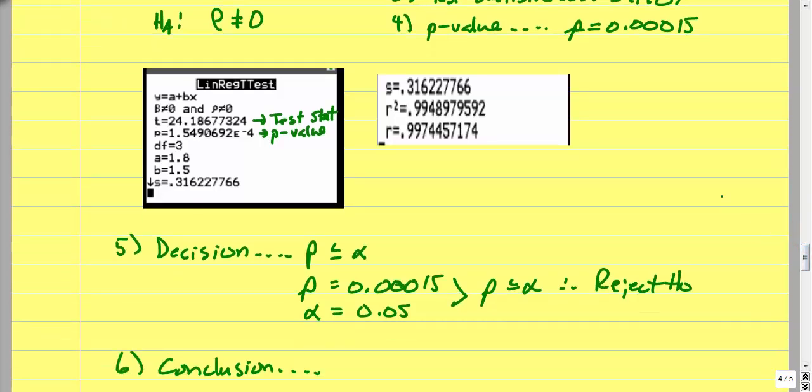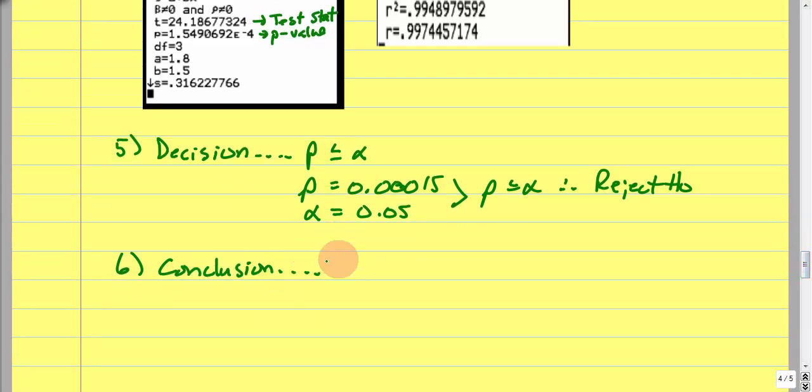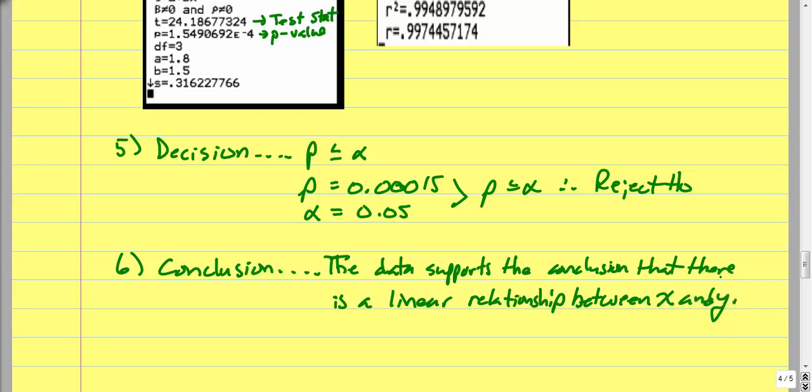So what we could say here then, based on this conclusion, is that the data supports the conclusion that there is a linear relationship between x and y. And usually we'd want to say what those variables are, but in this case they didn't give us what x and y meant. They just said between x and y.